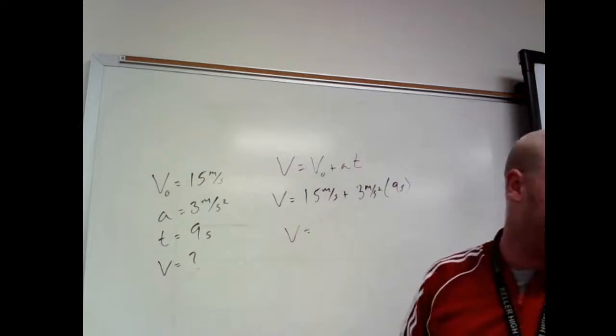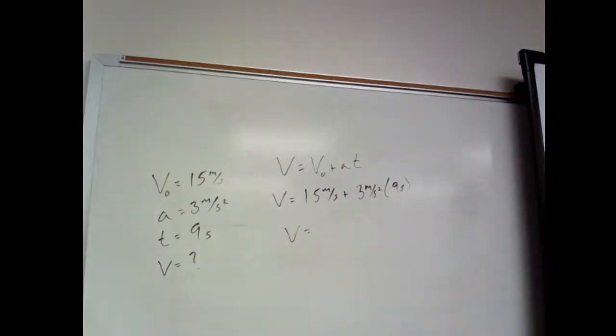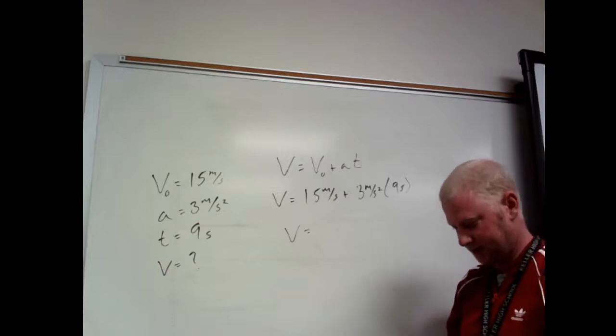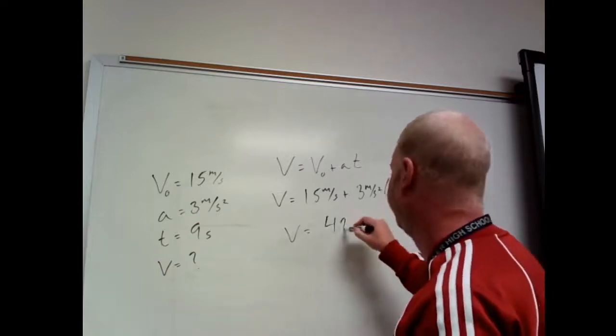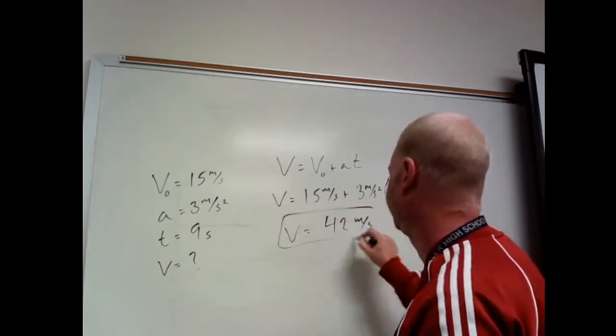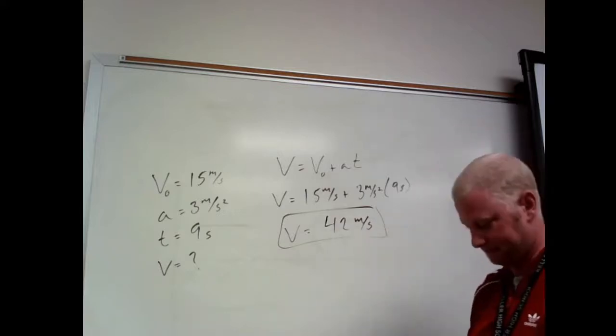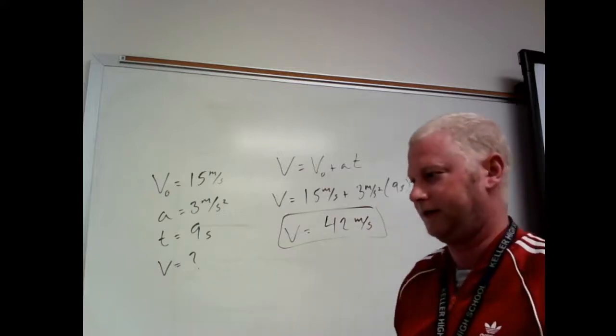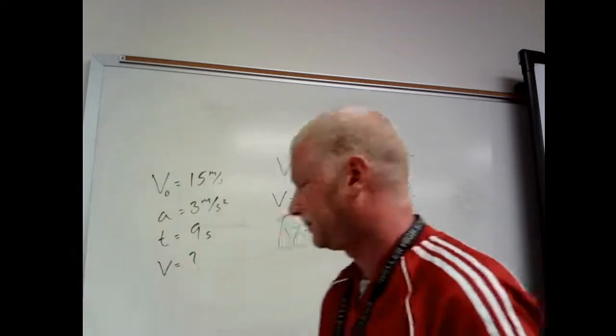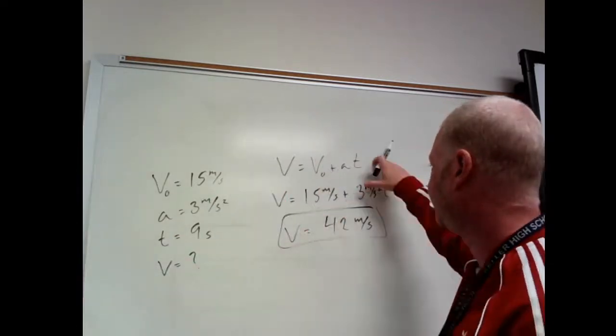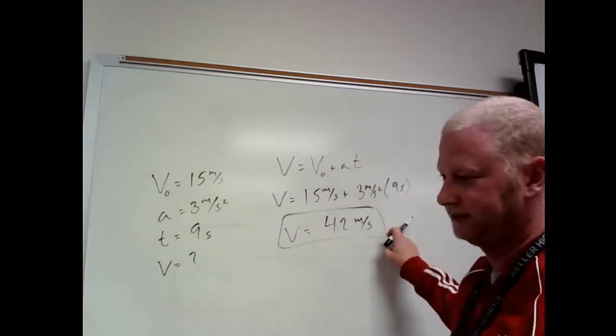So solve that out, and we get, on a calculator here, 3 times 9 is 27. You get a speed of 42 meters per second. So again, givens and unknowns, equation, substitution, solution.